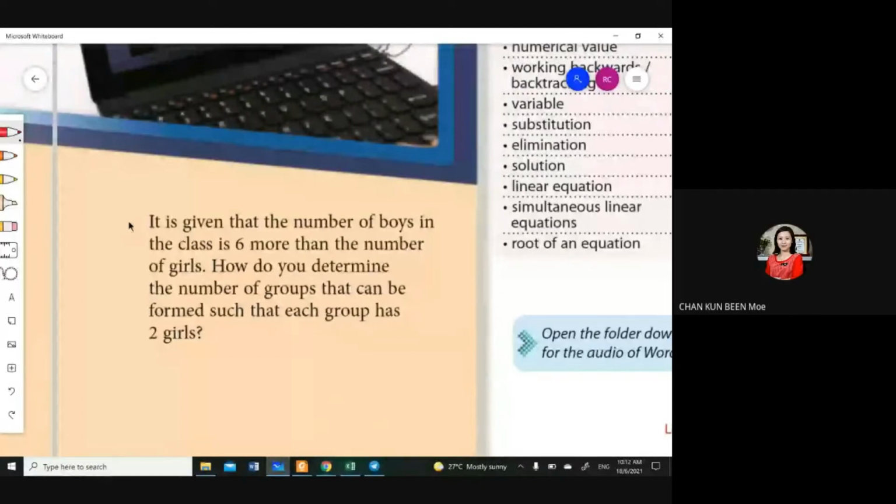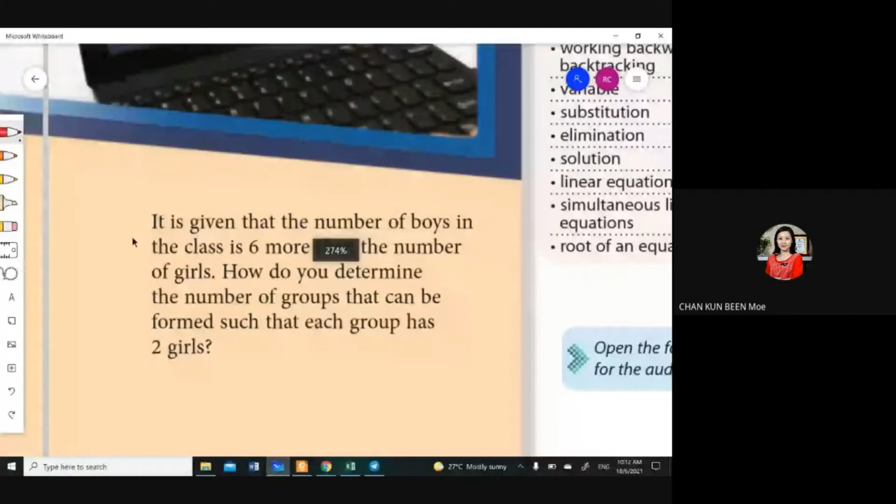So from here, it's a very long question. It is given that the number of boys in the class is 6 more than the number of girls. Do you know how many girls there are? Don't know, right? So this is like the previous chapter, the algebra expression. If we don't know how many girls, then we have to make an assumption. So let X be the number of girls, for example.